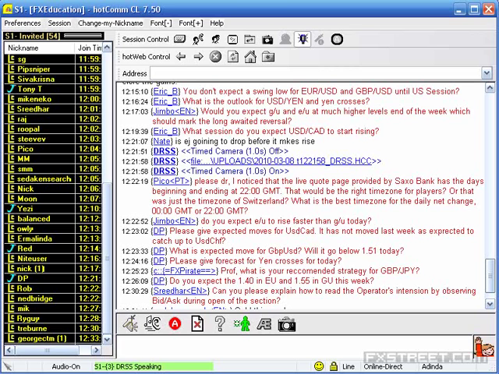DP, give expected moves of USD/CAD. It has not moved. Yeah, that is what I explained. USD/CAD, they are making a lower level consolidation similar to USD/CHF, accumulating buy positions, inducing distress conditions to the traders. About 1 month back or 2 months back, you would have noticed that USD/CHF was holding around 1.02, 1.03 like that.